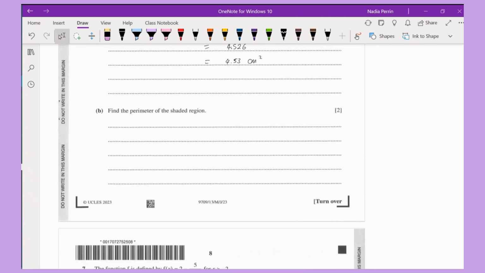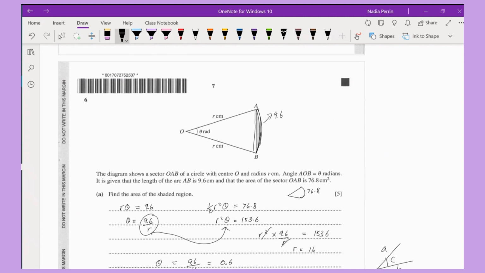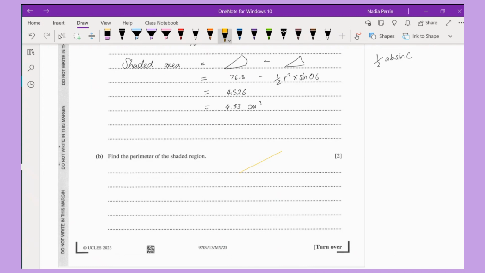We then had to find the perimeter of the shaded region. So to do that, we're needing to find the length of this. So what I looked at was actually the right angle. So if I just draw a picture of the right angle down here, we wanted to know what that was.